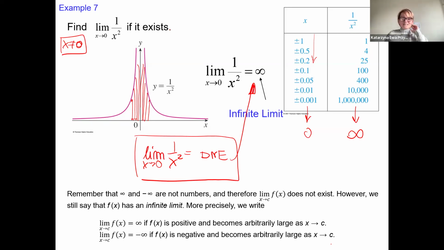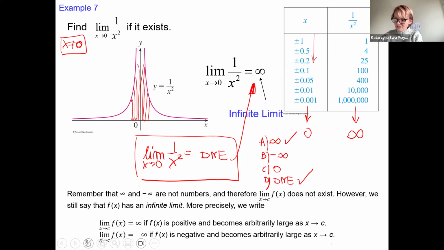When I ask you this limit on a quiz or the midterm or final, I cannot really list options like A, B, C, D, say infinity, negative infinity, 0, because this is a correct answer and this is a correct answer. Both of them are correct.